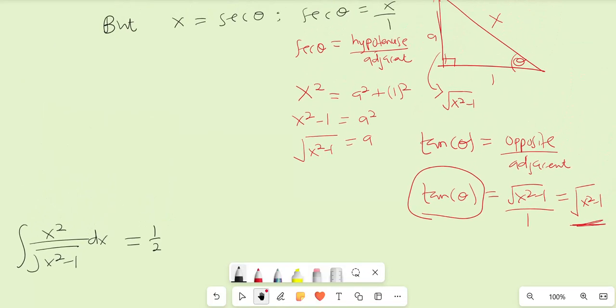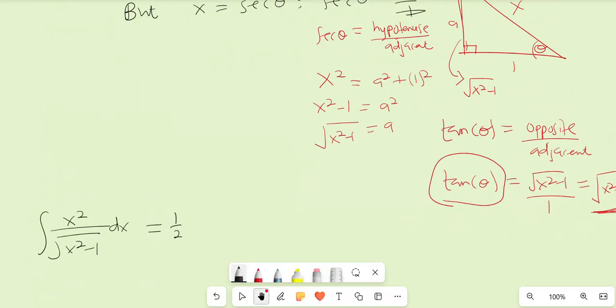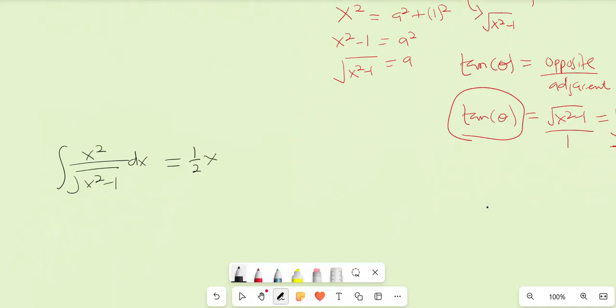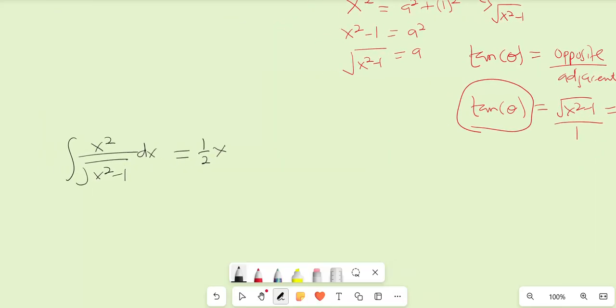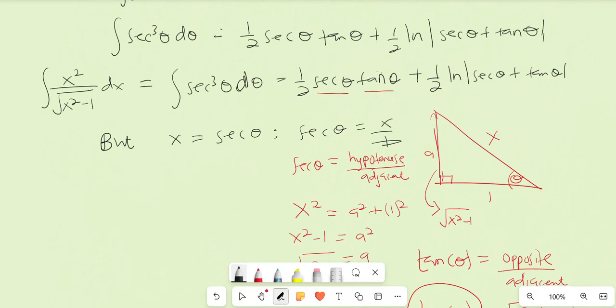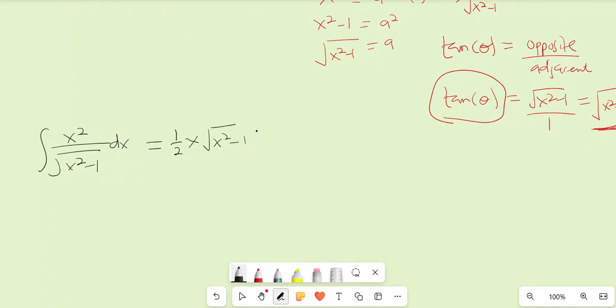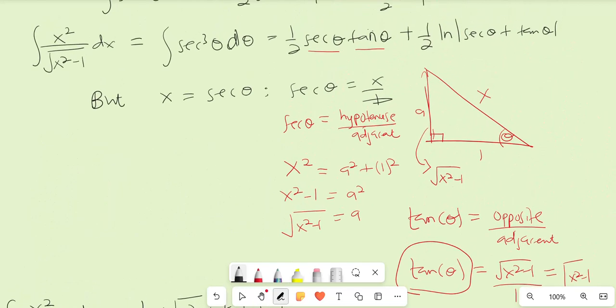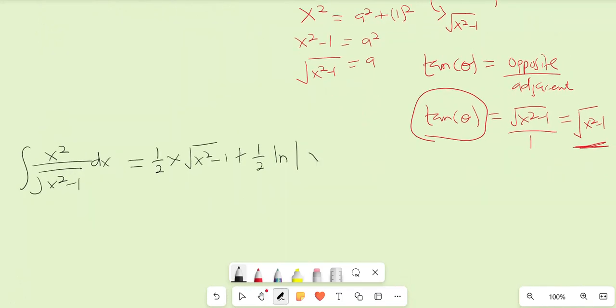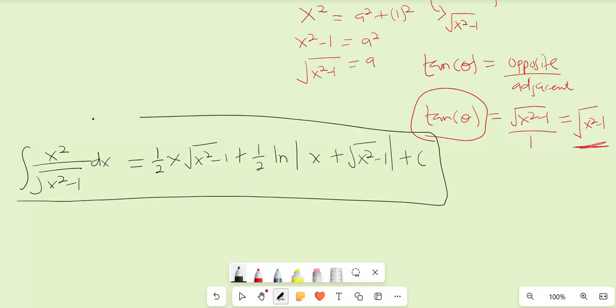Secant theta is x, and tangent theta is the square root of x squared minus 1, plus 1/2 natural logarithm of the absolute value of secant theta plus tangent theta, where secant theta is x and tangent theta is the square root of x squared minus 1, plus c. And this is the value of this integral.